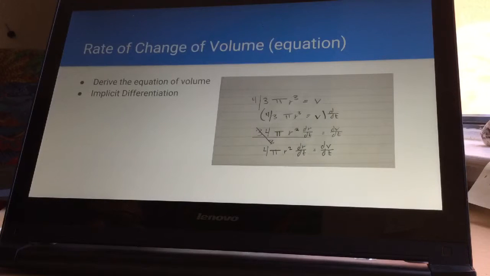We derive the equation of the volume of a sphere, 4 pi r cubed over 3 is equal to V. We use implicit differentiation to find our dV/dt, or rate of change of volume. We input our average rate of change of the radius that we found earlier for dr/dt. This will help us determine dV/dt.